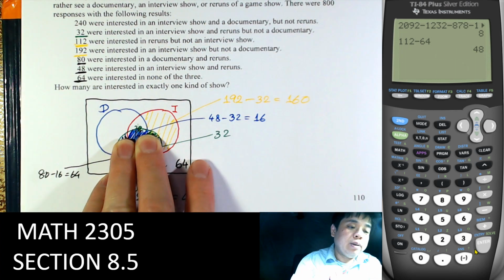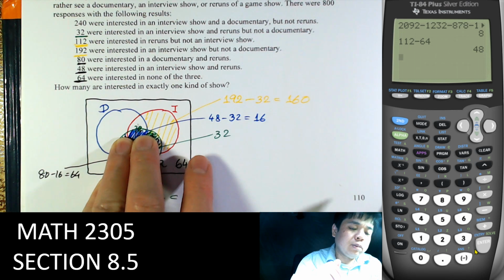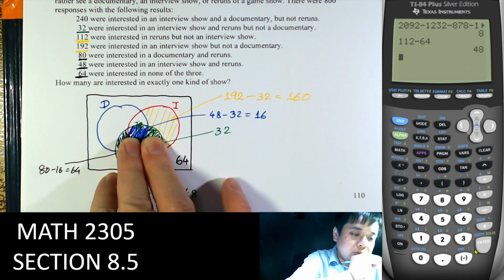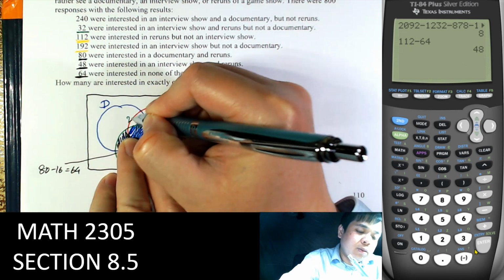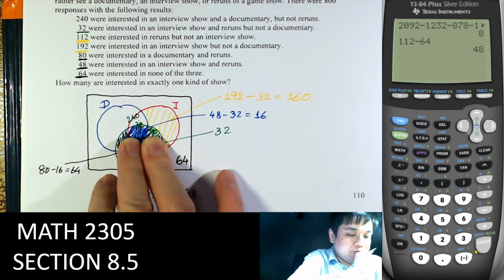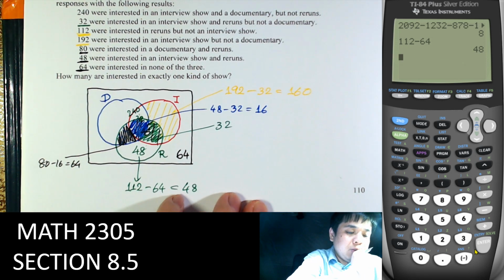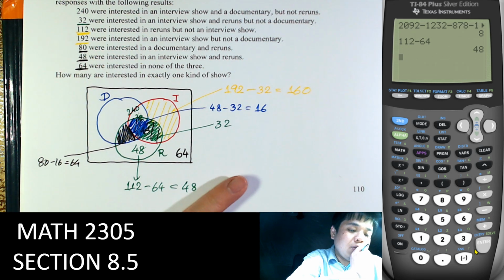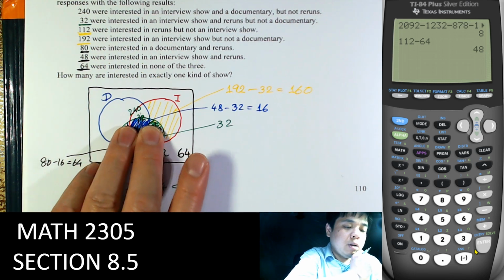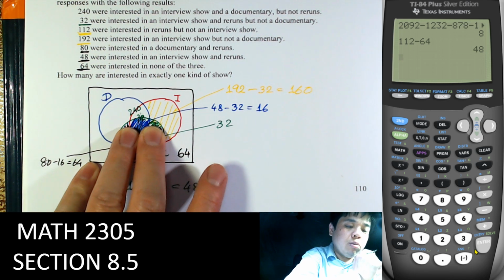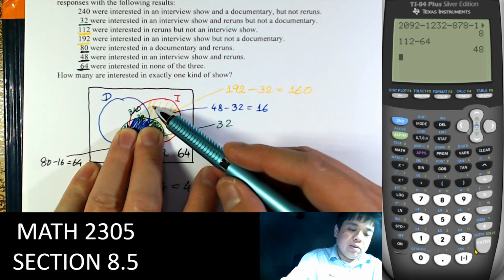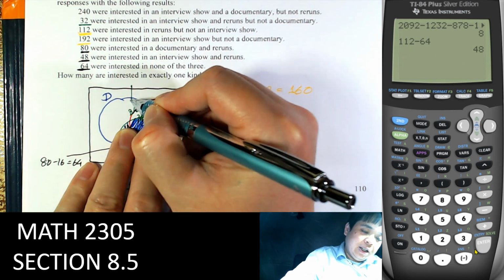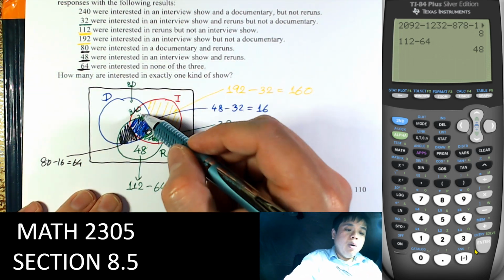So that is 240. Oh, we have to take 240 subtract the 160. So that is 80. Now the problem is 80 is going to be both that and that.